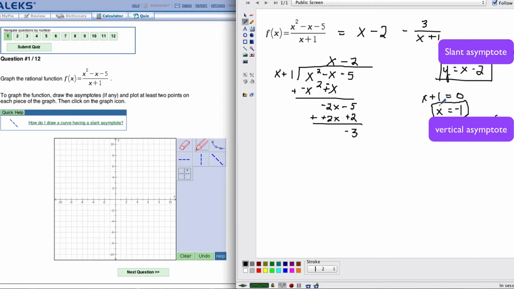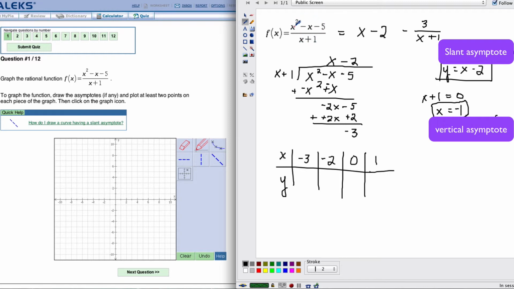And then basically, if you take this vertical asymptote, we set up this xy chart here, and we're going to pick x values to the left of -1 and a couple values to the right of -1. So we could plug in -3 and -2, and then 0 and 1. Then you can plug it into the original equation here.